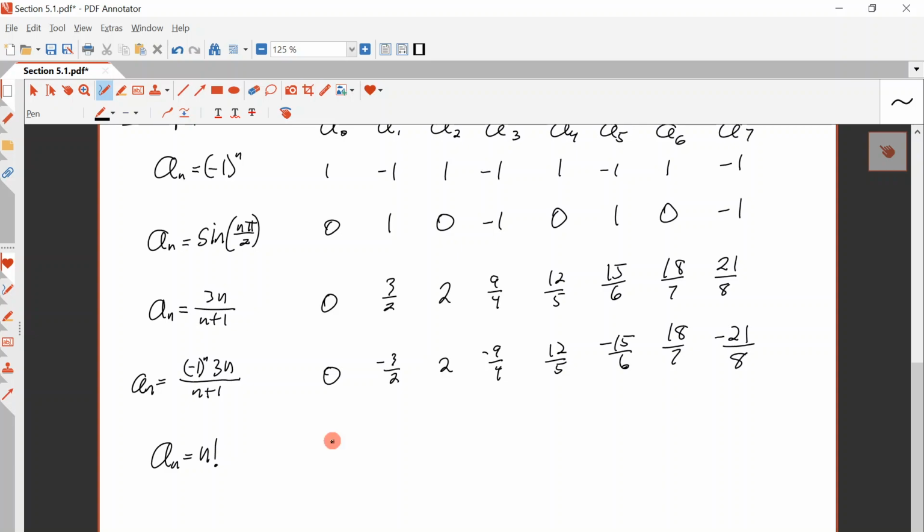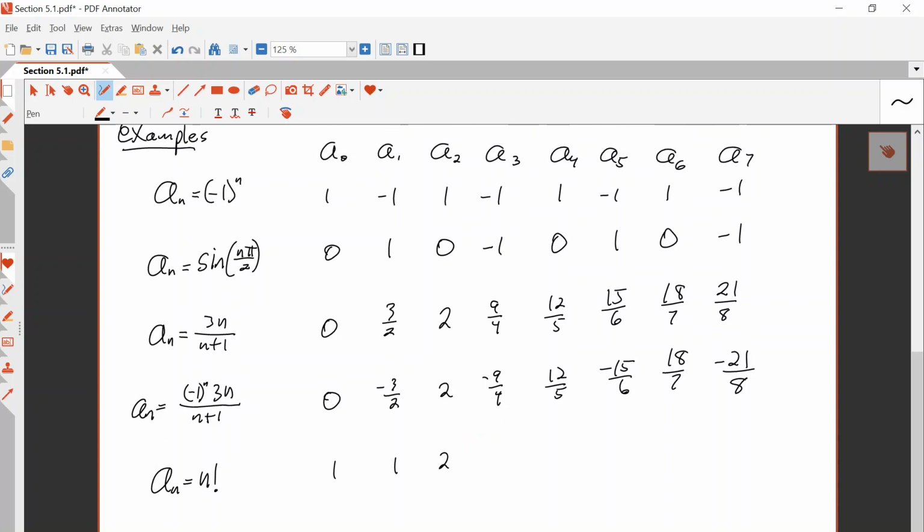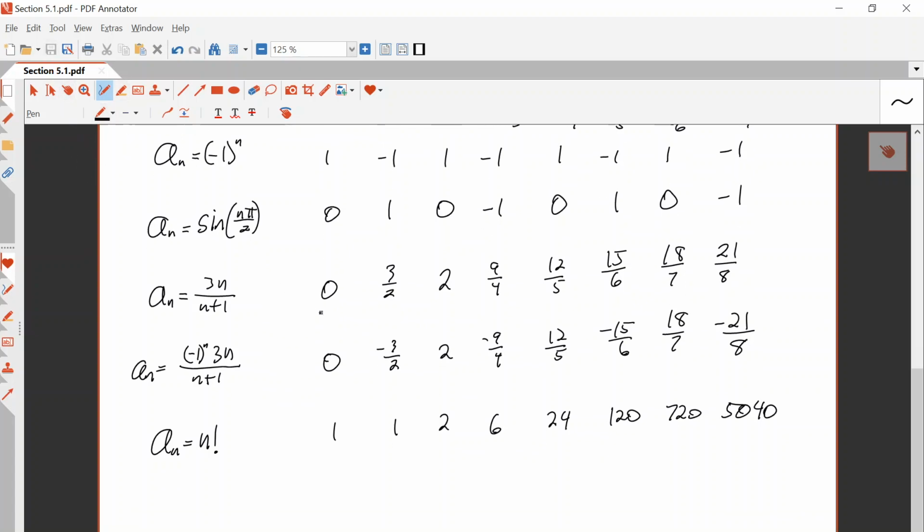Well, 0 factorial, that's 1, by definition, by convention, I guess. 1 factorial is 1. 2 factorial is 2 times 1, which is 2. 3 factorial, 3 times 2 times 1, which is 6. 4 factorial, 4 times 3 times 2 times 1, which is 4 times 6, which is 24. 5 factorial is 5 times 24, which is 120. 6 times 120 is 720. 7 times 720 is 5040. And so on and so forth.